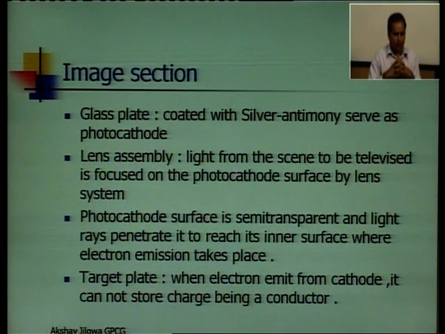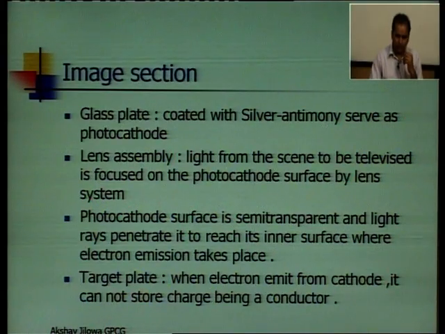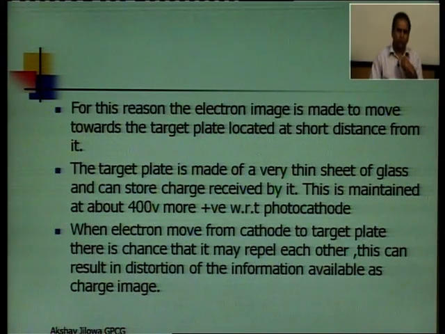Next is the target plate. When electrons are emitted from the cathode, it cannot store the charge, being a conductor. For this reason, the electron image is made to move towards the target plate located at a short distance from it.